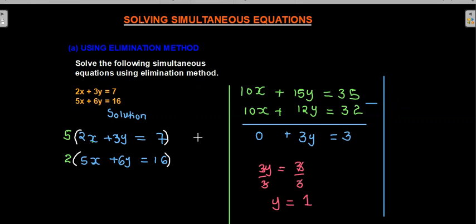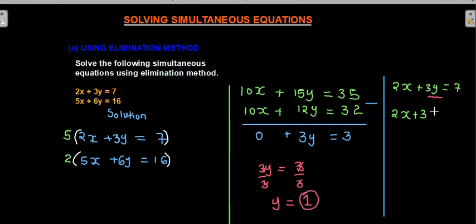Next we need to find the value of x. We'll do that by going to the original equation. We can use the first equation here: 2x plus 3y equals 7. Now instead of this y, we are going to replace it with 1.